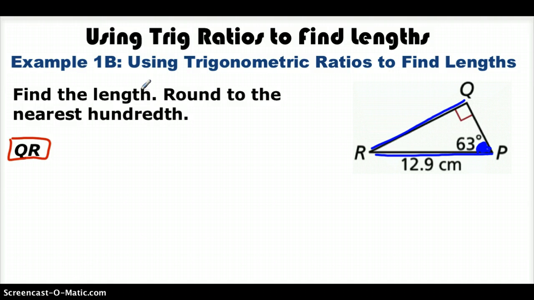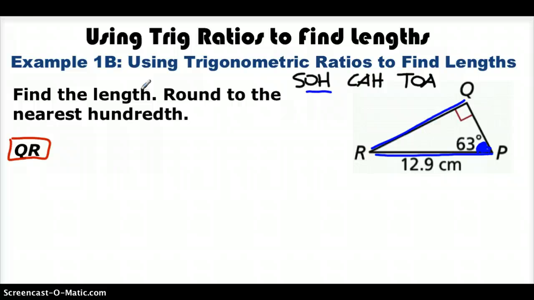So if we look again at SOHCAHTOA, we were given the opposite side of angle P, and we were given the hypotenuse. So opposite and hypotenuse to me is right here, so I'm going to use the sine ratio.